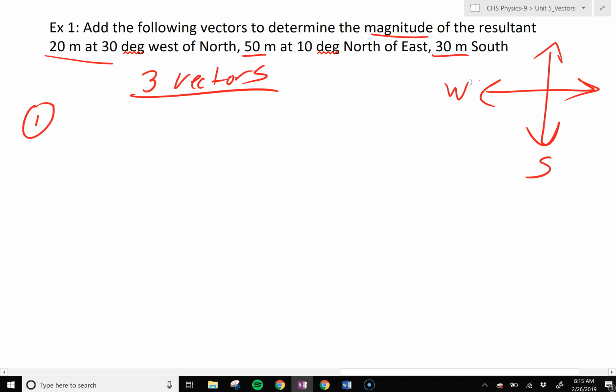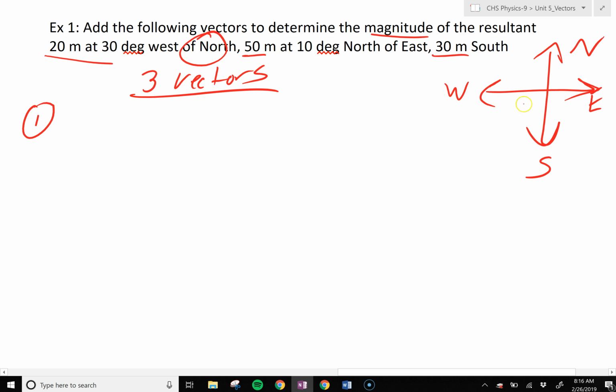South, west, east, north. There we go. So these angles are going to be given to you like this, west of north. The "of" part, that's where you would start. So I've got 20 meters at 30 degrees west of north.